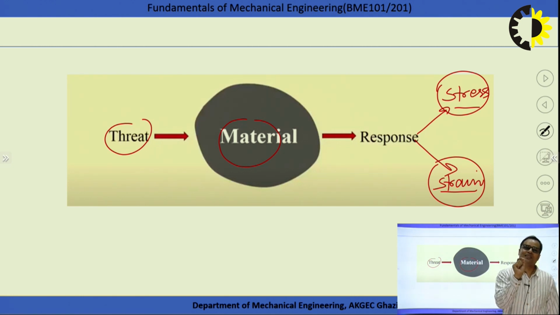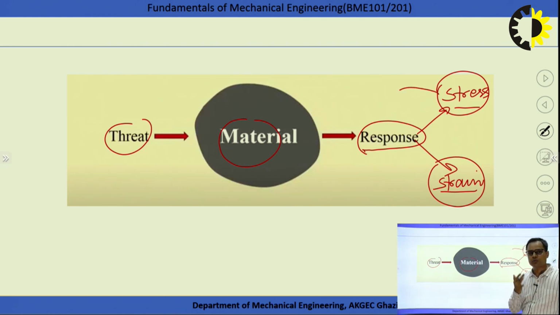Only the other person can visualize or measure the strain. The stress cannot be measured or visualized by another person, right? Only the strain can be measured, because we are able to observe the deformation. So any material has two responses under any kind of load, that is stress and strain.